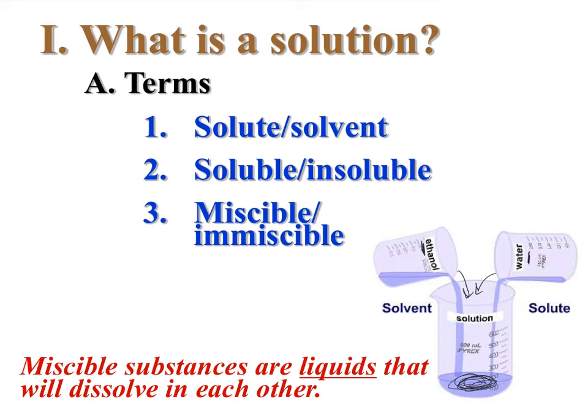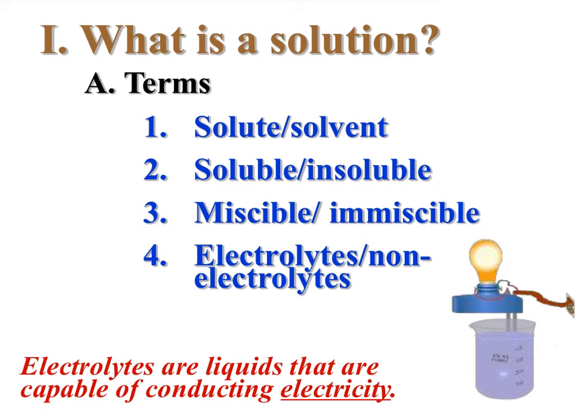So when we're talking about solutes and solvents, we're talking about dissolution. Is something soluble? If we're talking about two liquids, we're asking, is something miscible? So soluble is for solids, and soluble is also for gases, but miscible is for liquids. Electrolytes and non-electrolytes.